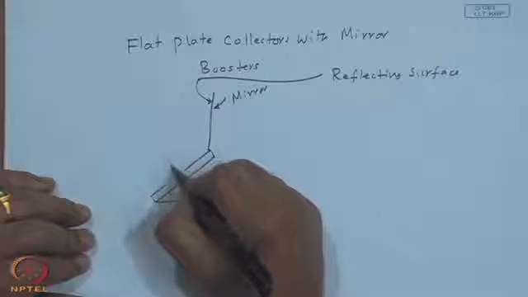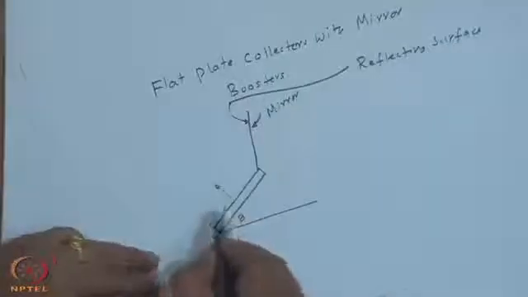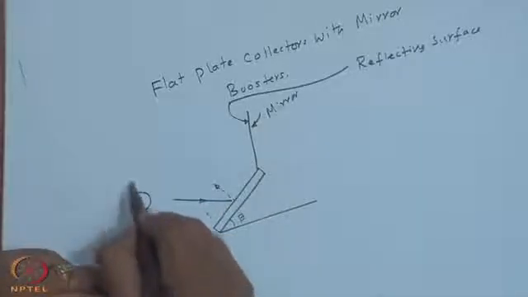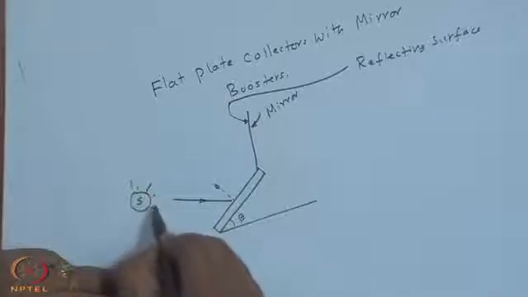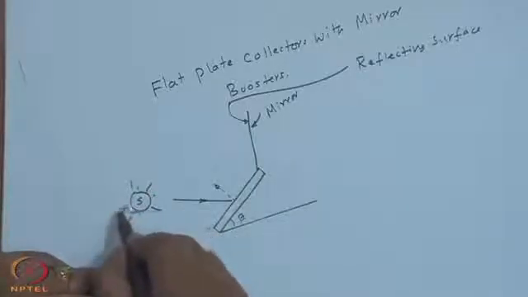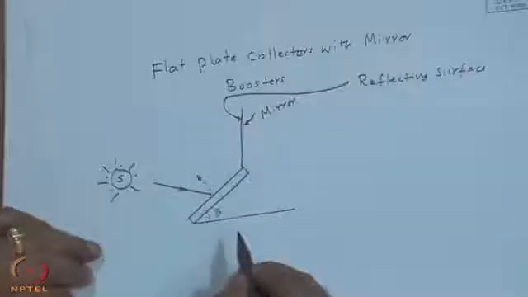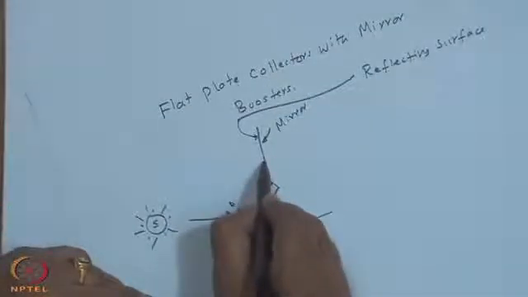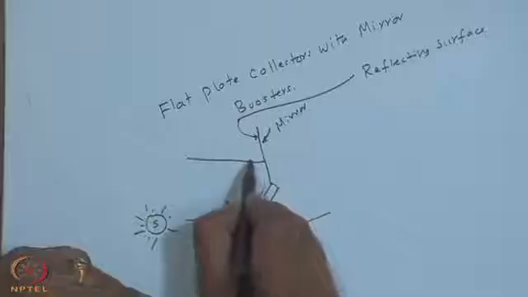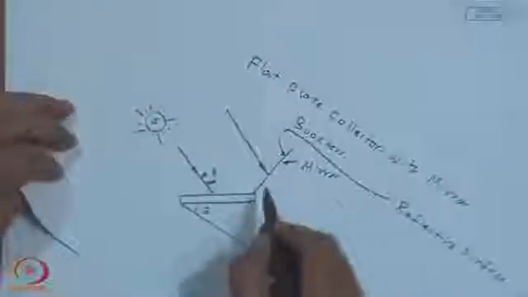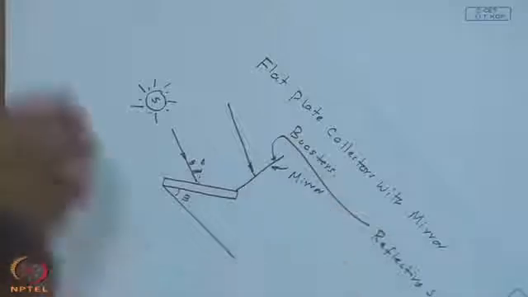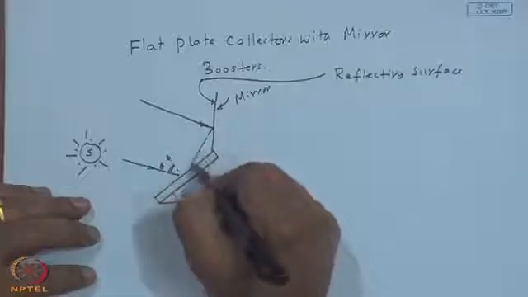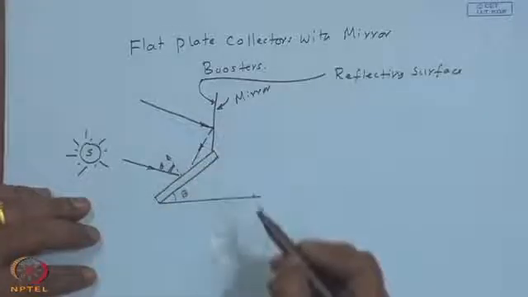If this is the outer normal, let us say that this is the sun's ray, here is the sun, okay. So, this is my angle of incidence. So, the same ray, parallel, falls on the reflector, and this may be, incidentally, coinciding with the normal, but this will be reflected onto this.